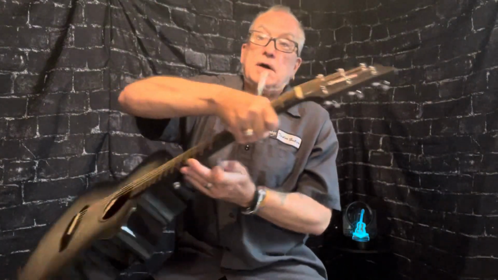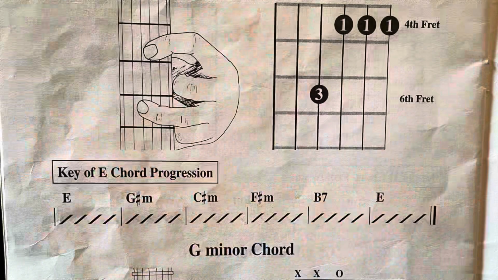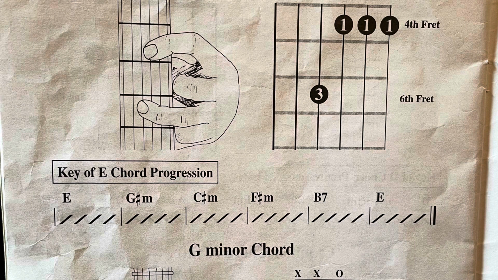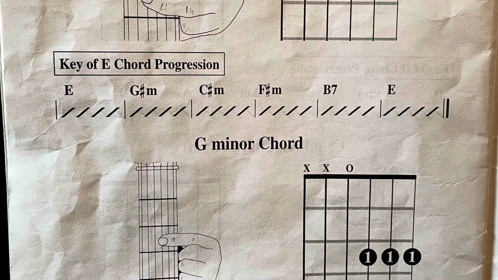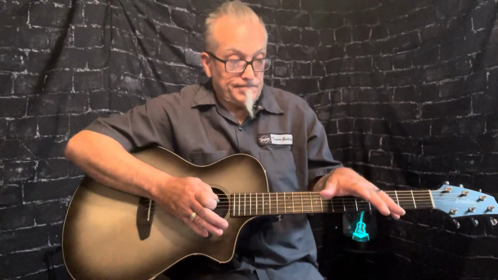Towards the end of the instruction book, they have these different key chord progressions. For example, this particular one is the key of E chord progression. Now, all of these chord progression exercises have the same pattern.